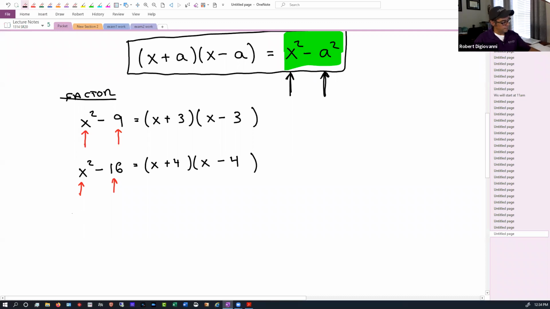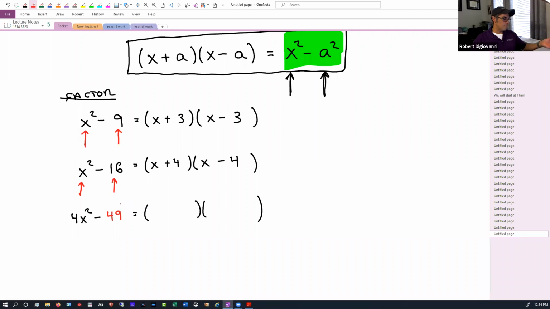How about this one? Okay, so no, oh, we do have a GCF here. Let me change this, sorry. Let's make that 4x squared minus 49. Okay, so no GCF.